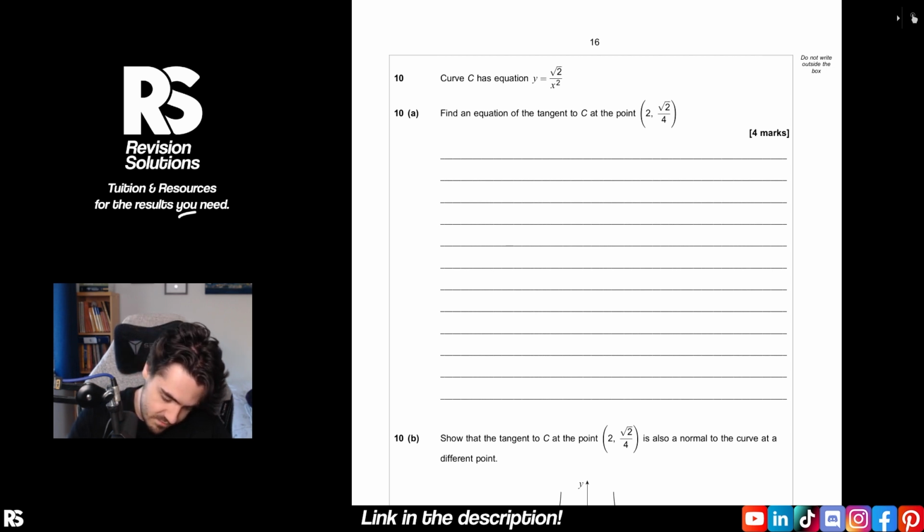So first, what I'm going to do is rewrite our equation as a power of x. So y would equal root 2 x to the minus 2. If we differentiate that, dy by dx would be equal to minus 2 root 2 x to the minus 3.